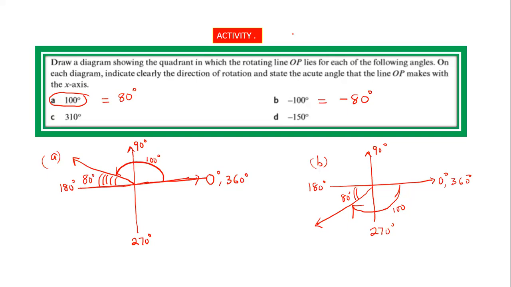When you see a negative, it means that you are moving in the negative direction, which is the clockwise direction. So please indicate that. Okay. Faith, that is now okay. Carol, that is okay.